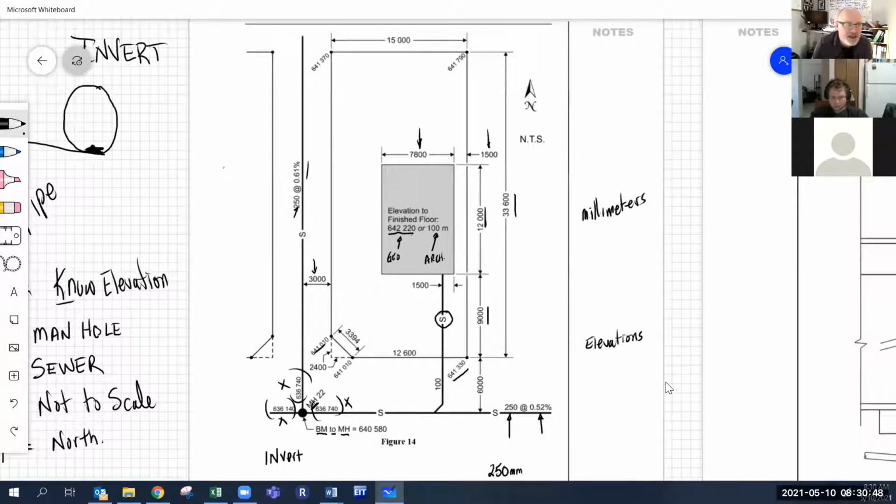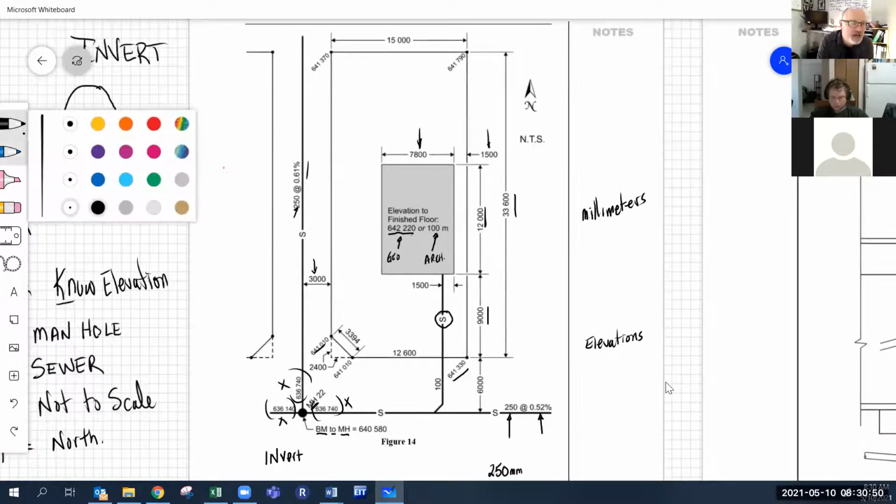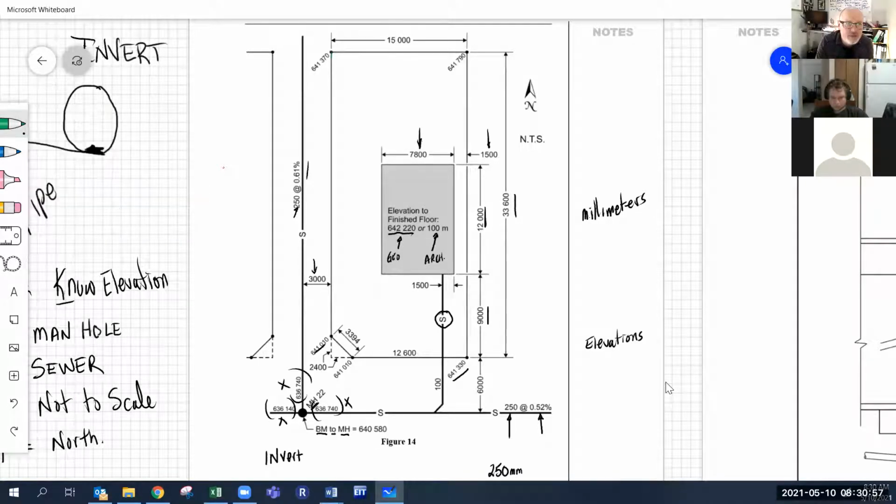Okay, so now I'm going to outline the property. Okay, so here is the property line for this particular application. You can see how it angles off there. This is the property line for this house right there.